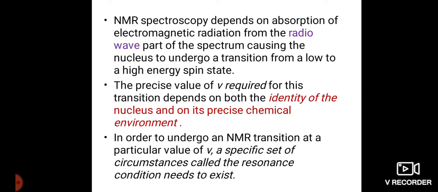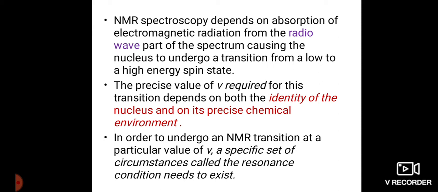The precise value of nu required for this transition depends upon the identity of the nucleus, whether it is hydrogen, carbon, nitrogen or phosphorus, and on its precise chemical environment.